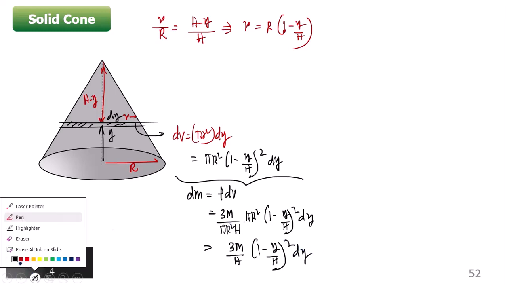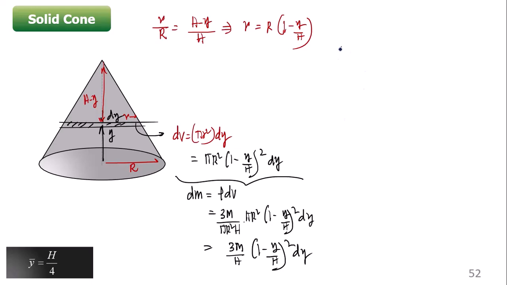So once I convert the dy, now I can write the y coordinate of the center of mass. That should be equal to the integration of y dm divided by m. Now what is y? Y is again the center of mass of the disk. So the disk center is at a distance of y from the origin, so simply write y.